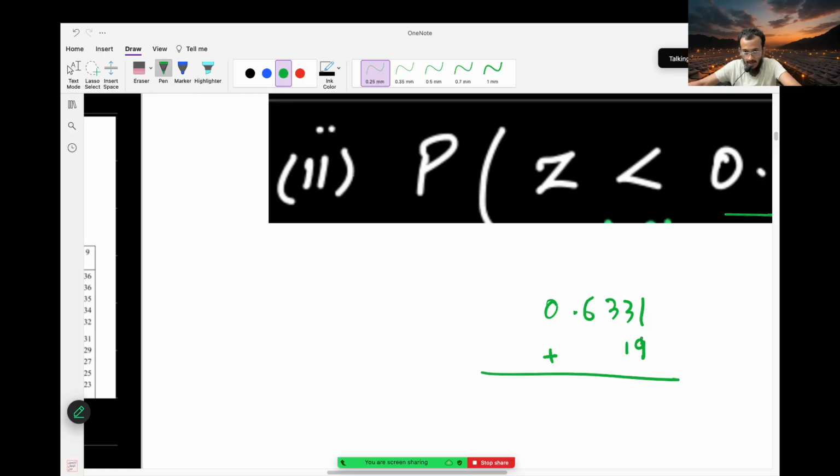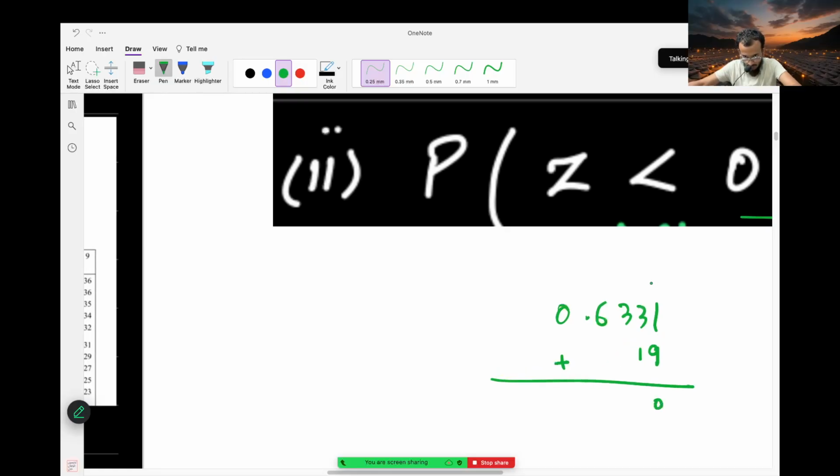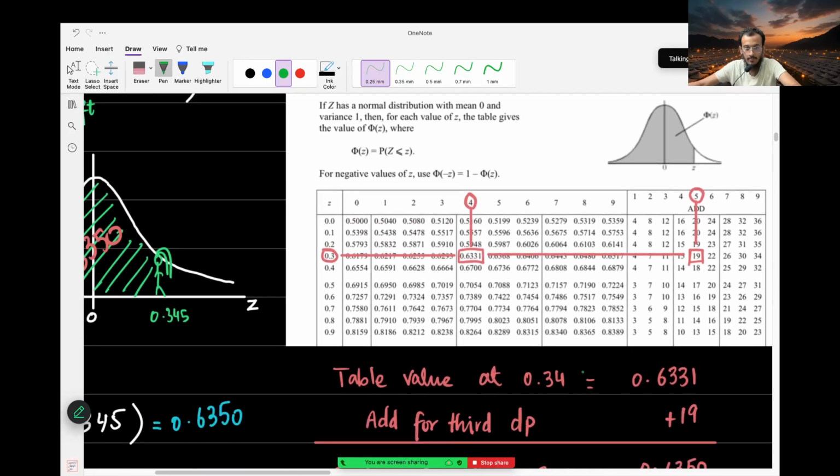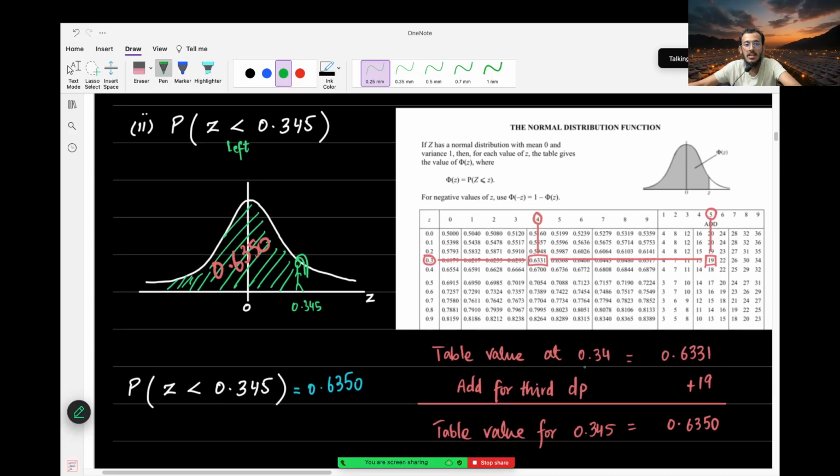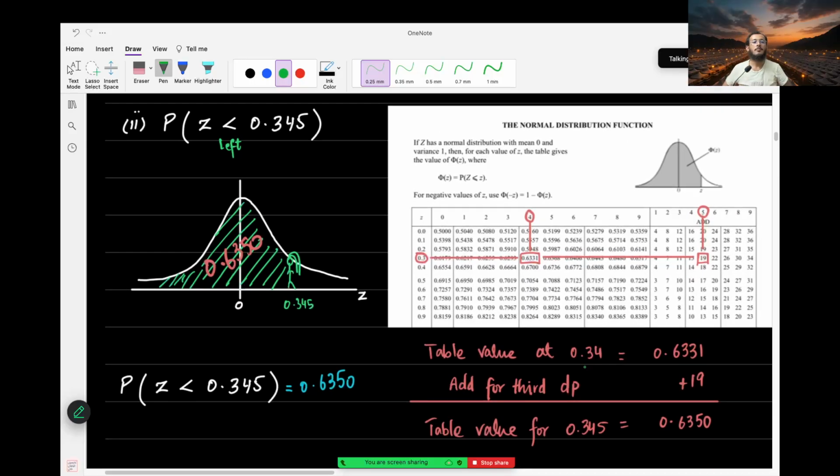So this becomes 0.6350. This is how you deal with 3 decimal places. Very good, very easy. Let me know if you have understood or not.